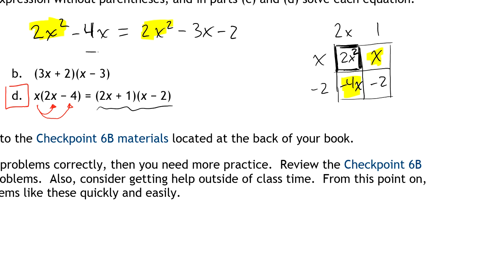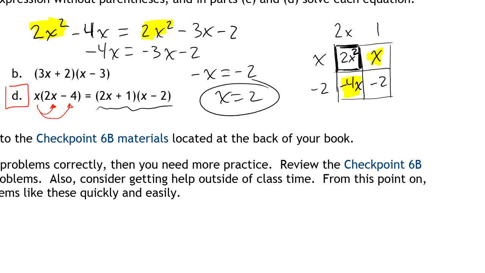So this becomes negative 4x equals negative 3x minus 2. I'll add 3x to both sides. That would give me negative x equals negative 2. And then finally I'll multiply both sides by negative 1. And that gives me that x is the number 2. So x is 2 is a solution.